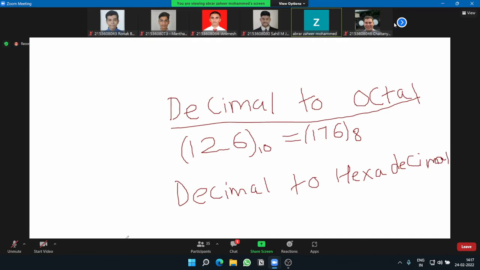From decimal to hexadecimal, suppose we have to convert the number 141 that is in the decimal into the hexadecimal. So we have to divide this 141 by 16. What is the answer for this? 8D.